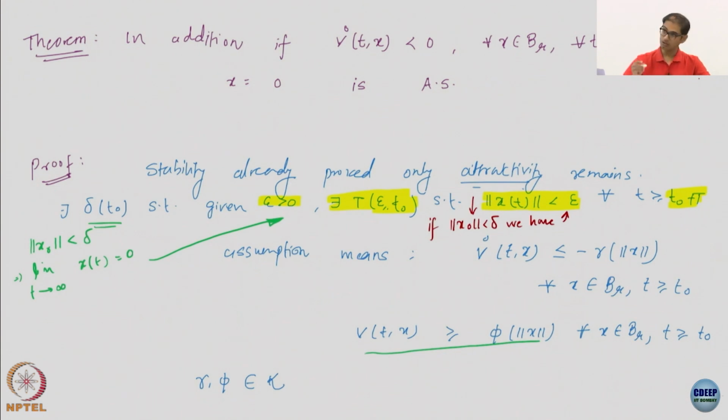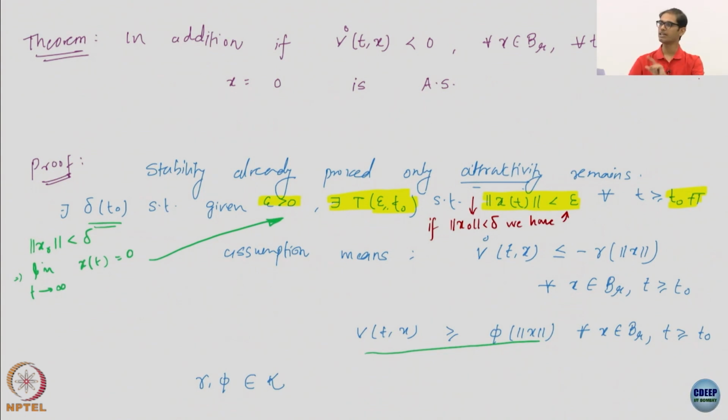In all these definitions, by the way, you may not yet be very comfortable converting words to mathematical definitions like this, but the sequence in which things appear is very important. In the stability definition, given an epsilon, there exists delta.